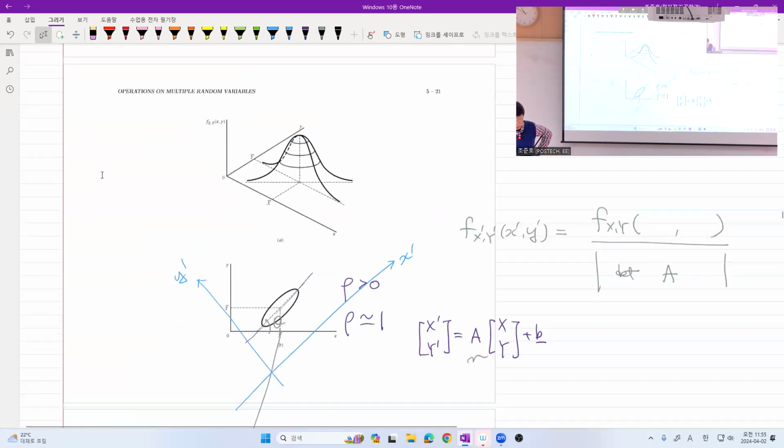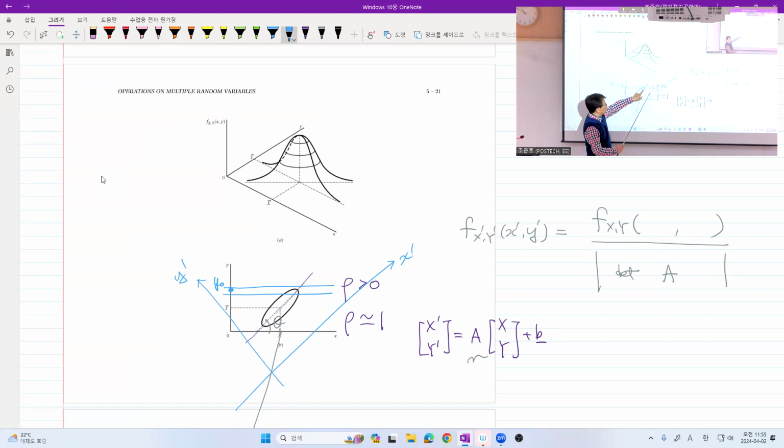So let's see from here. Consider some specific y0. Now you want to find the conditional PDF of x. What do you do? As I told you, you have a very narrow strip, and on this strip, you find the dots from your original 2D scatter plot. And then you plot a density. And interestingly, that is Gaussian.